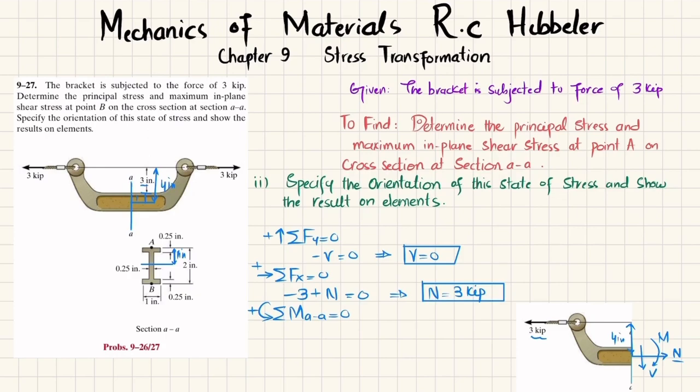You can see that this force 3 into the perpendicular distance about section AA, which is 4, is producing a clockwise moment, so it will be negative. So I will write minus 3 multiplied by 4, and this external reaction moment, which is counterclockwise, will be positive.